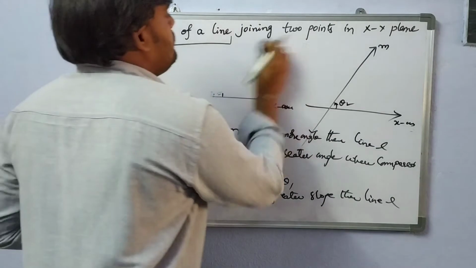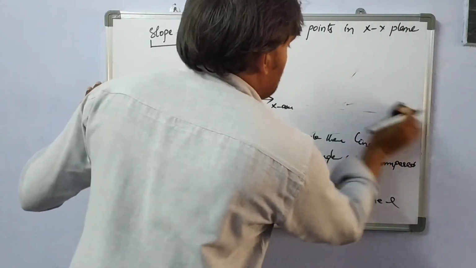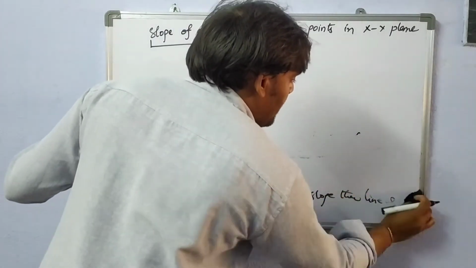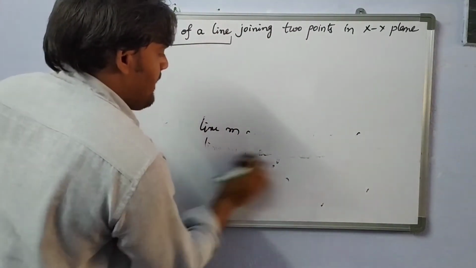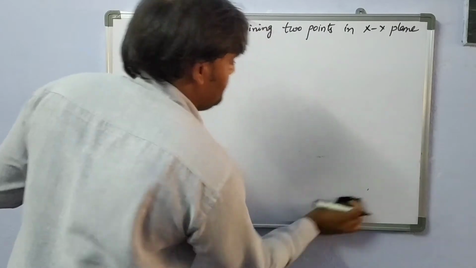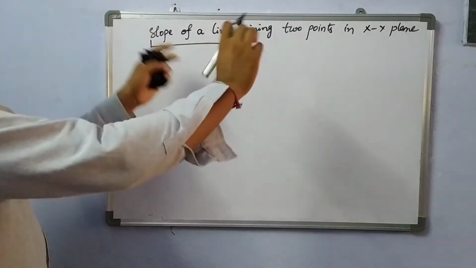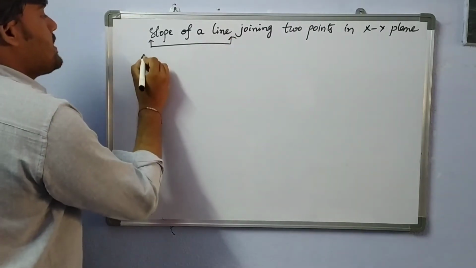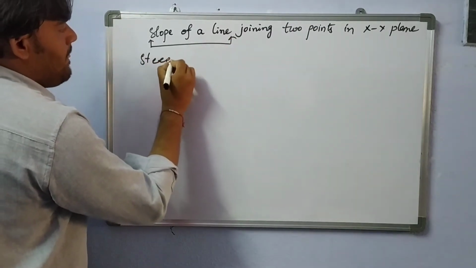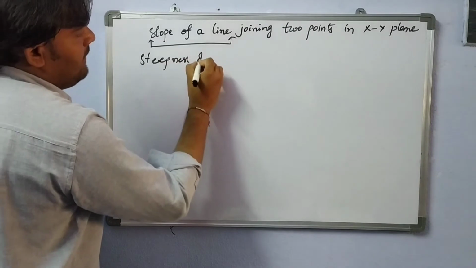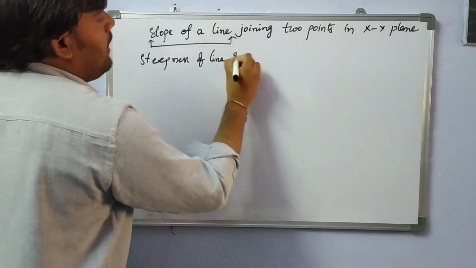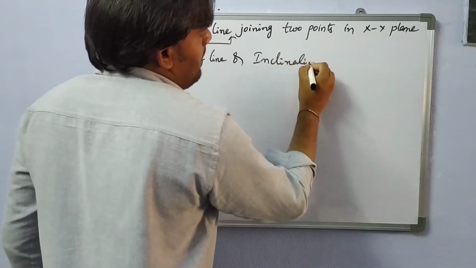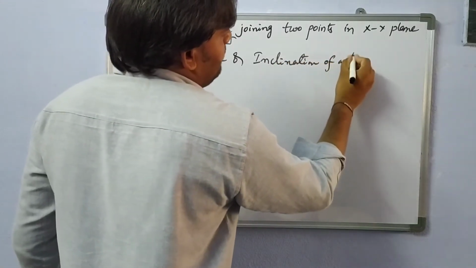Once again, slope of a line. Here we need to know two things: steepness of a line or inclination of a line.